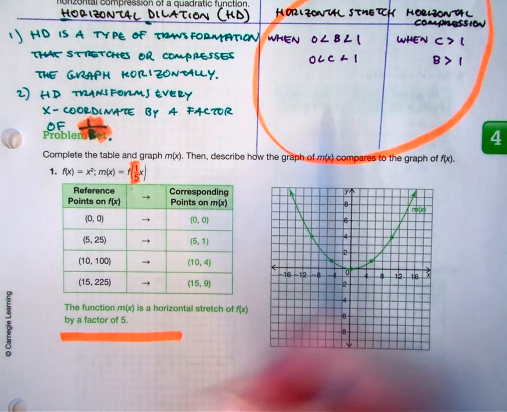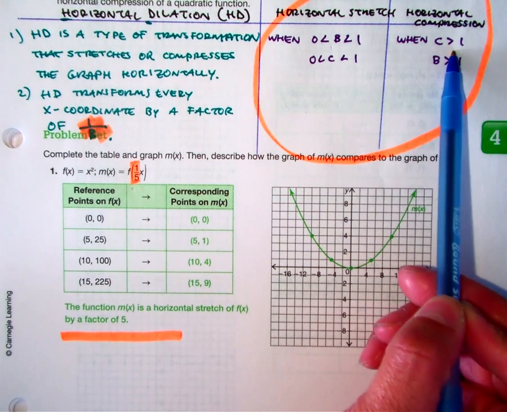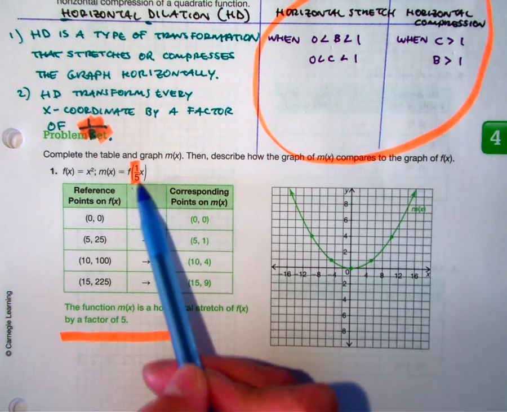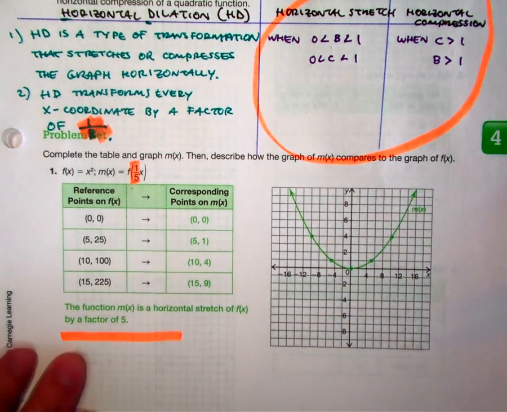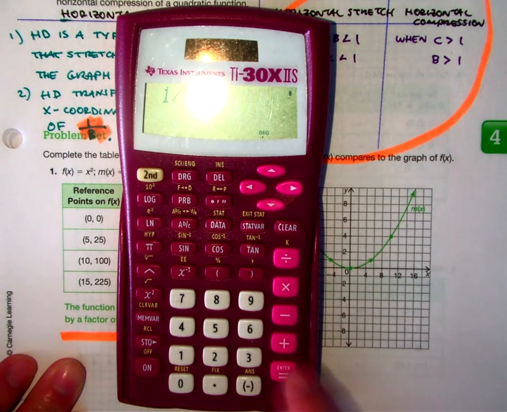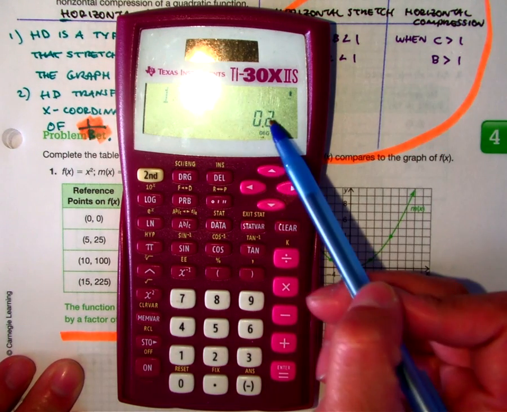Is 1/5 between 0 and 1 or bigger than 1? 1/5, if you put it in your calculator, 1 divided by 5 is 0.2.